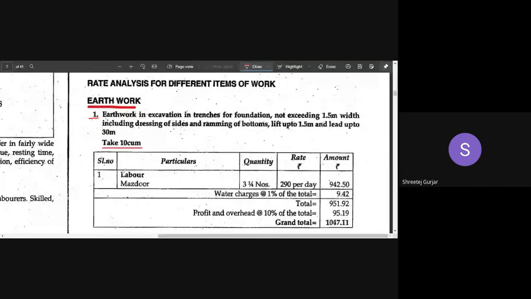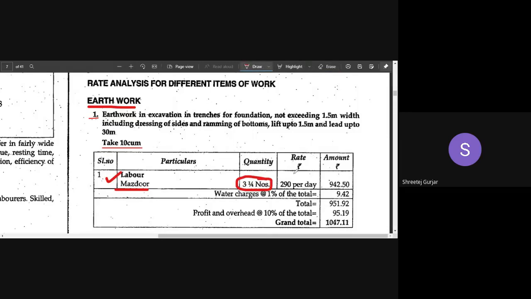Okay, coming to labor, we know we require Mazdoor. In the previous table, I have shown you that for 10 cubic meters of earthwork, we require 3 and 1/4 days. It was coming up to 26 hours, or in days, 3 and 1/4 days. So in quantity you will mention 3 1/4 days.